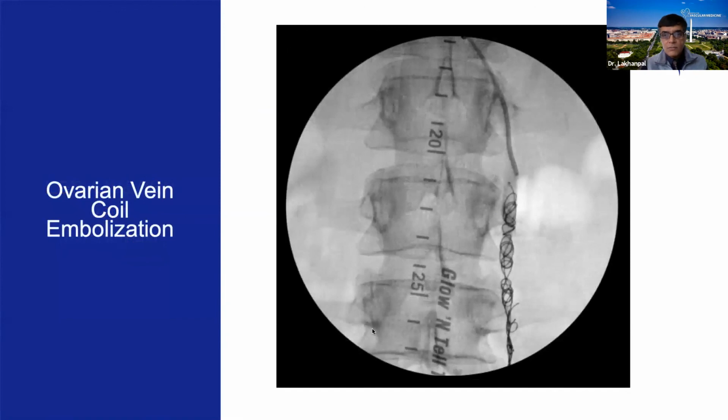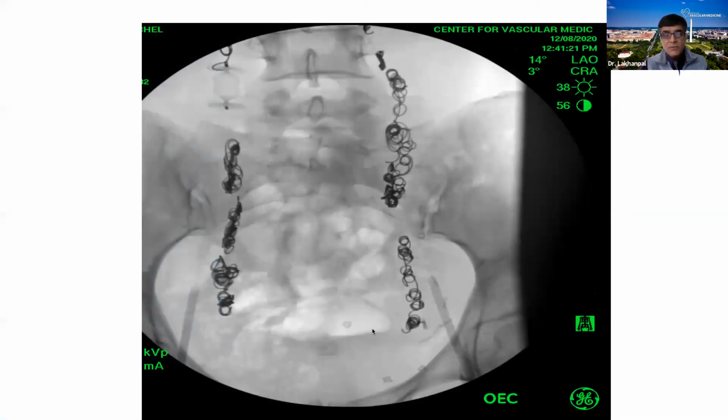You come across patients who had coiling done for their symptoms. And this is another example of a patient who came to us after having coils done for bilateral ovarian vein reflux 7 years ago at a naval facility without any relief of symptoms. And that used to be the norm that the Center for Vascular Medicine followed.